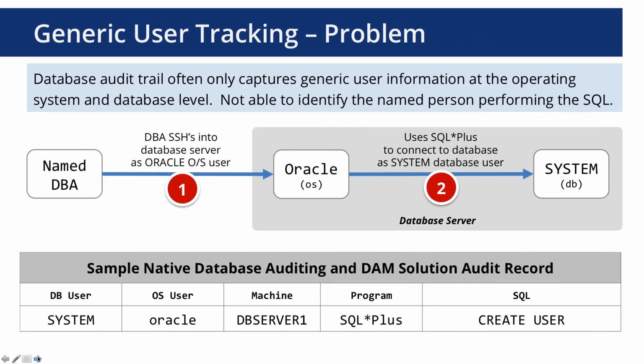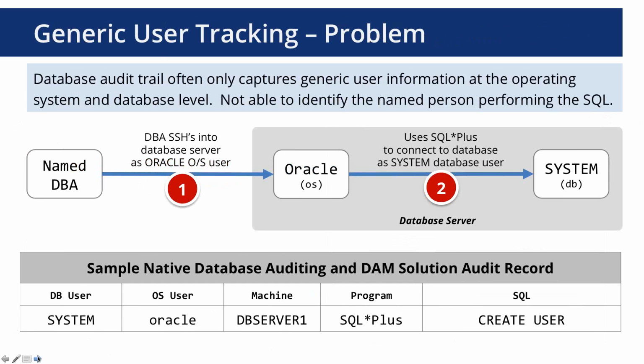He connects to the Oracle account. Well, that's a generic user, and then he does a SQL Plus from that Oracle session into the database. The problem here is what either the native database auditing or the DAM solution will capture is, well, the DB user SYSTEM connected from the Oracle account on the database server, ran SQL Plus and created a user.